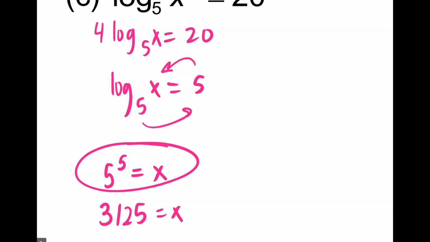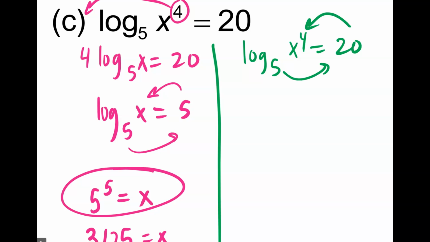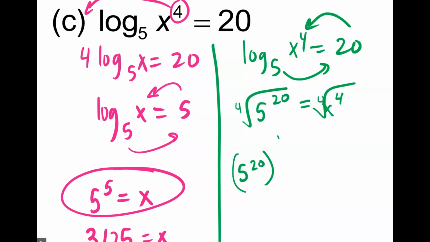Now, there's a second option. What if you didn't do that first? What if instead you decided to curly Q it up immediately? That wouldn't be wrong. That would be fine. So you just have 5 to the 20th equals x to the 4th. And if you put the 4th root on both sides, you get the 4th root of 5 to the 20th, aka 5 to the 20th to the 1/4 power equals x.